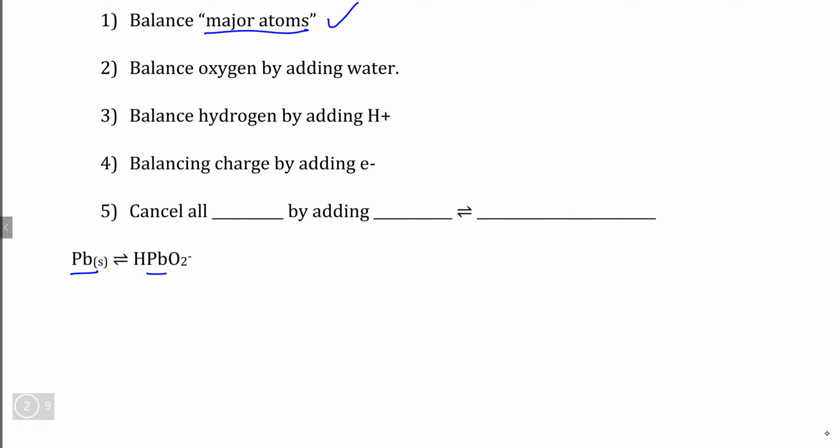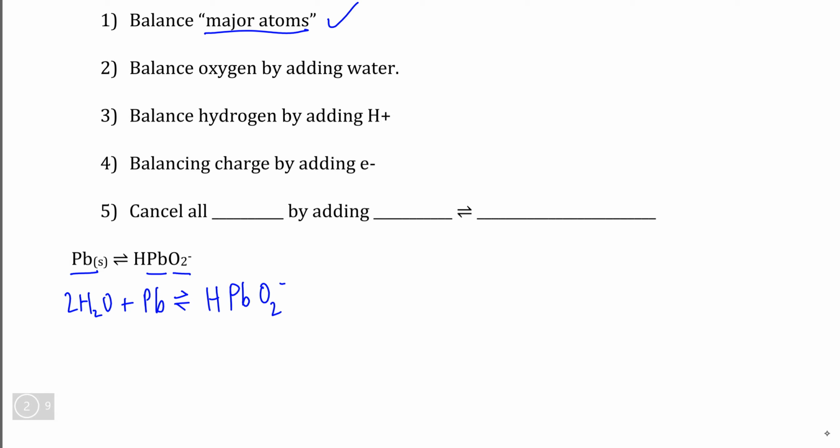Then the next thing we need to do is balance oxygen by adding water molecules. We see there are 2 oxygen atoms in the products, which means we're going to add 2 water molecules to the reactants, and that will allow oxygen to be balanced out.